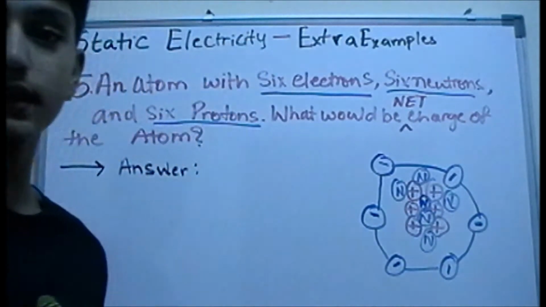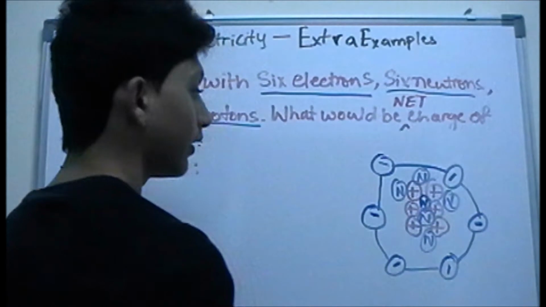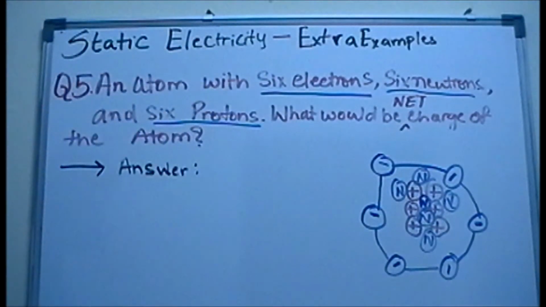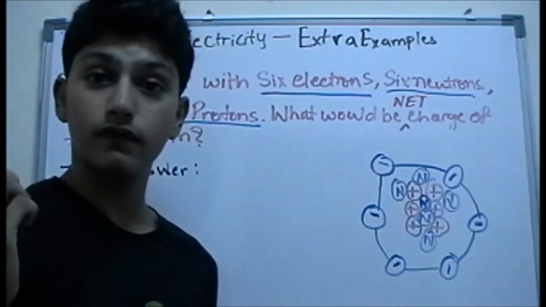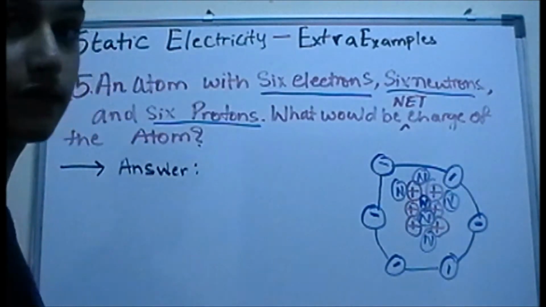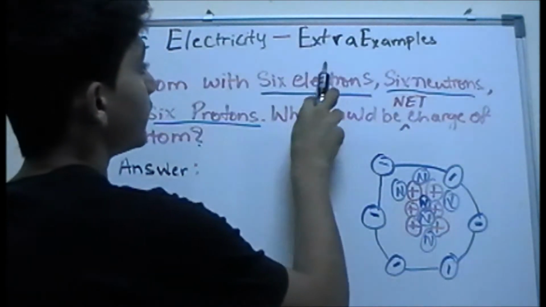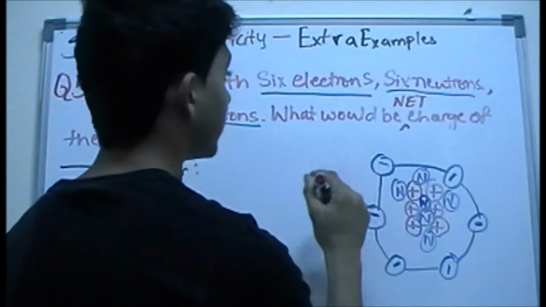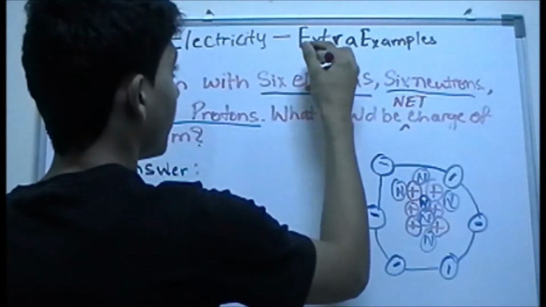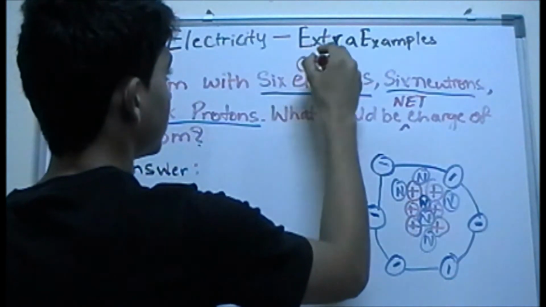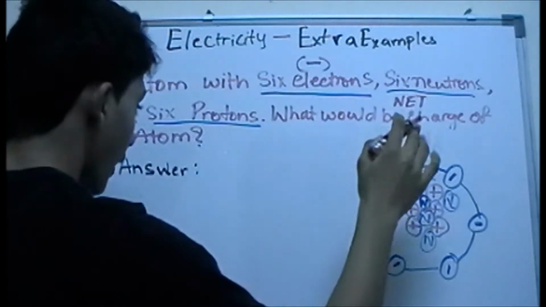If you can see the structure of the atom properly, and you can add or subtract, you can say that 6 electrons is 6 negatives, since an electron is negative. The neutron is neutral, so we don't even need to care about that.